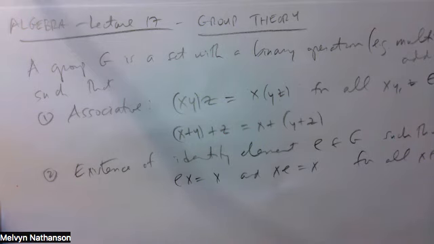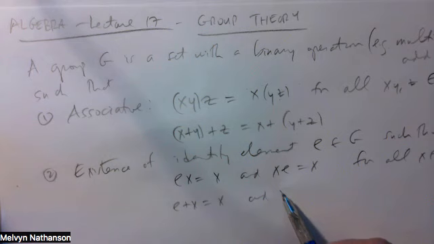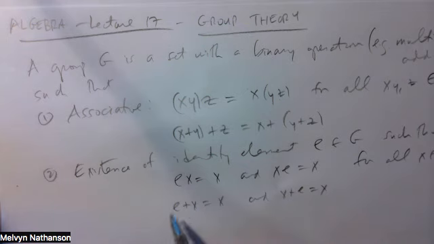Again, if you were going to write this additively, you might write E plus x equals x, and x plus E equals x. So very often when you're using addition as your binary operation, we write the identity as 0. So you would say 0 plus x equals x, and x plus 0 equals x.